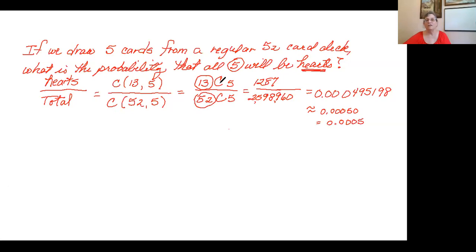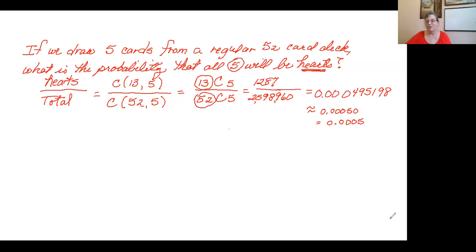So there's 13 hearts in a deck. If it just said red, we'd put 26. If it said face cards, there's 3 face cards, Jack, King, Queen in each of the 4 suits, so that would be 12. If you wanted aces, there's only 4 aces to choose from, so I guess that would be impossible.